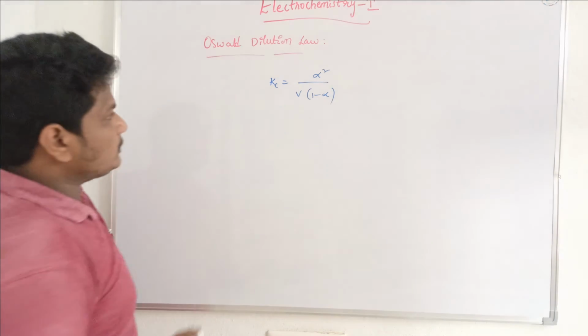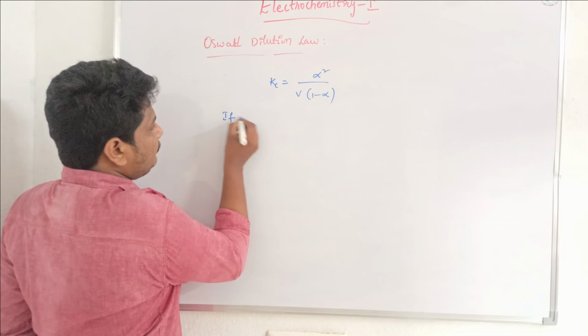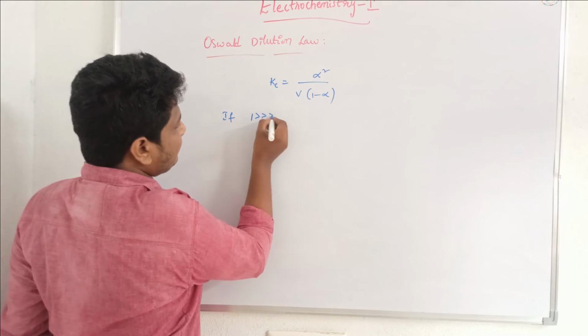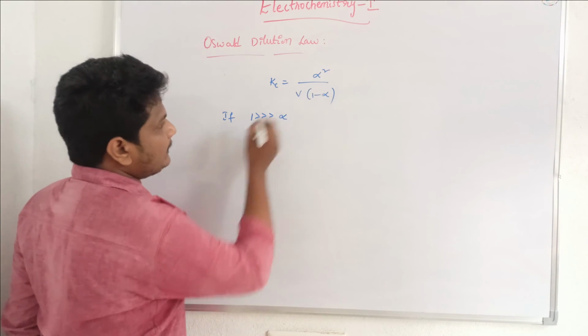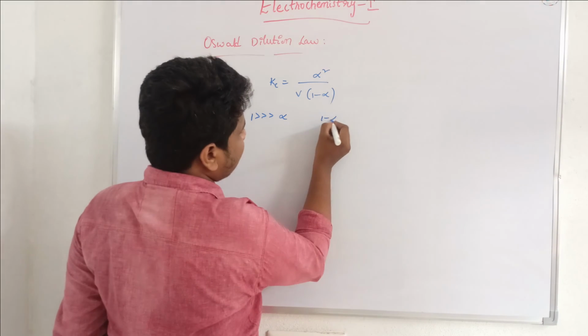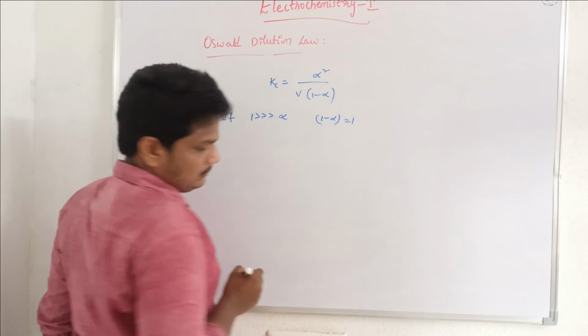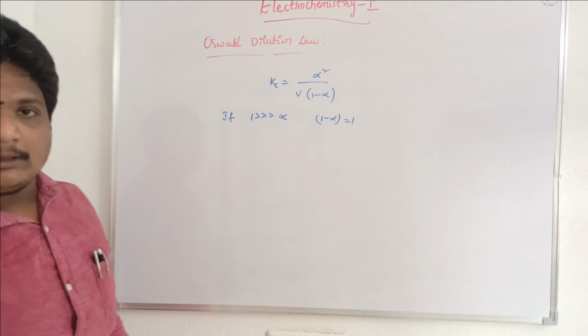If 1 is much greater than alpha, then 1 minus alpha is approximately 1.